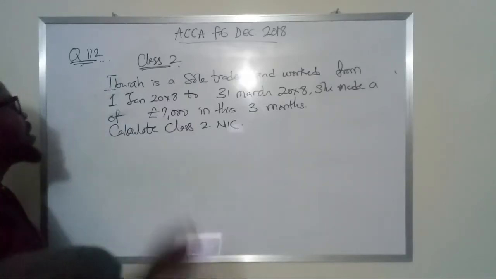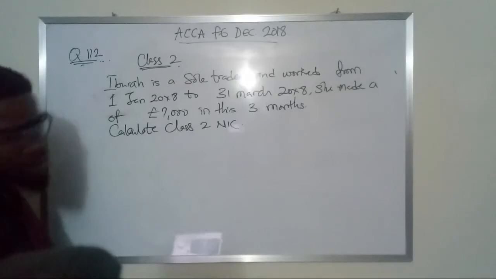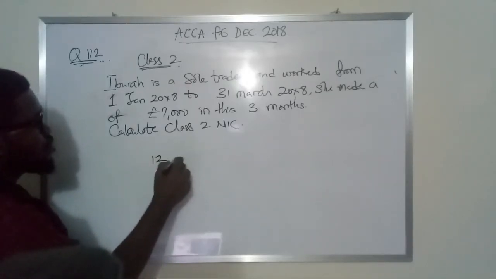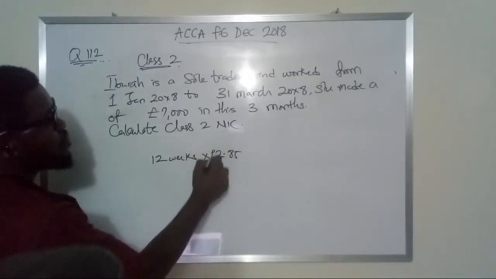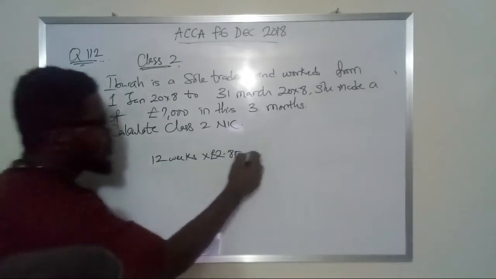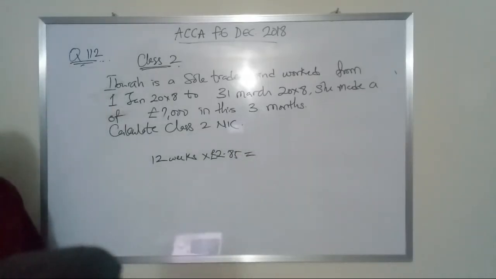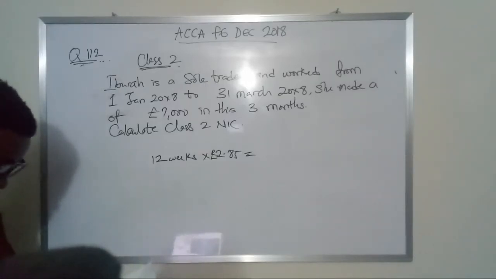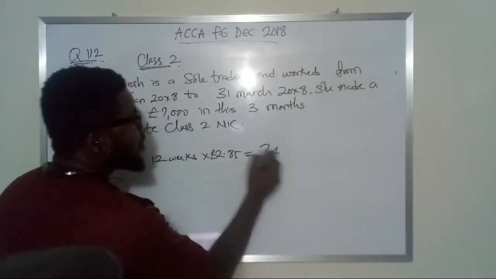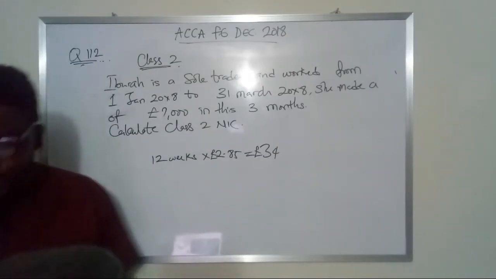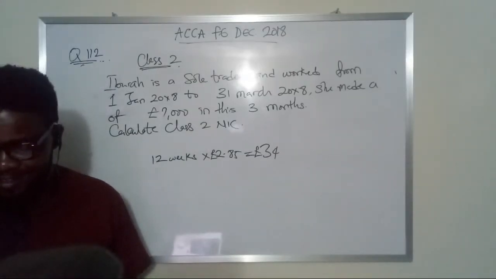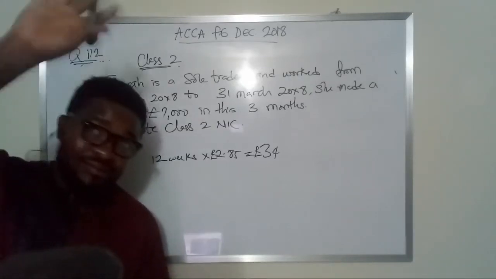Then what you do is you find how many weeks, let's say 12 weeks, then times 2.85. That's how it's calculated. This is simple, straight to the point.